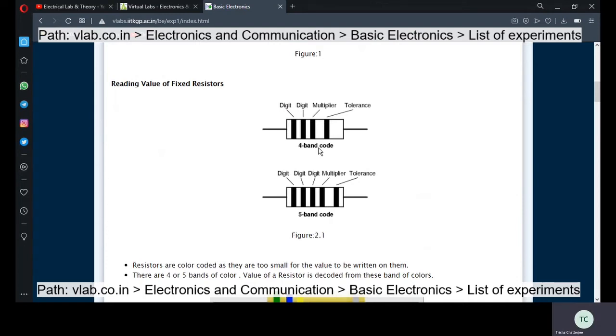There are mainly two types of resistor which will have some bands marked on the body. Okay. So the bands may be a 4-band code or a 5-band code, meaning the body will have 4 bands or the body will have 5 bands. Okay.